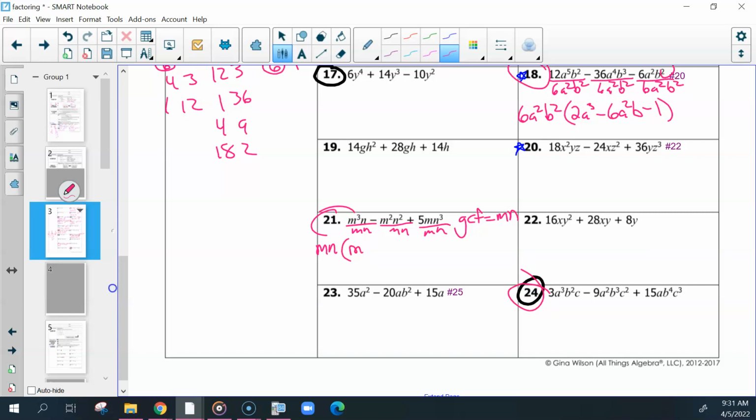To the squared, yes, the second power. And plus 5. Find them all.